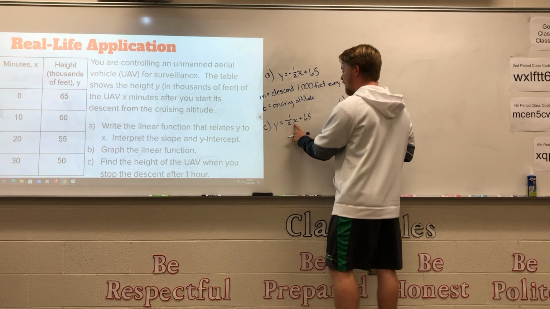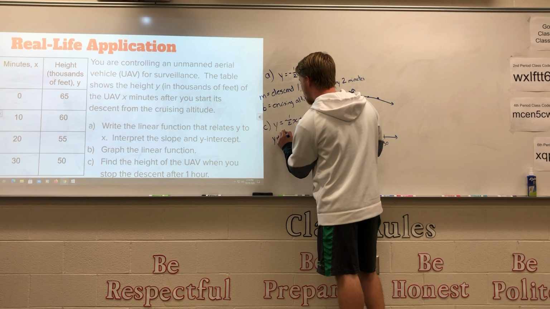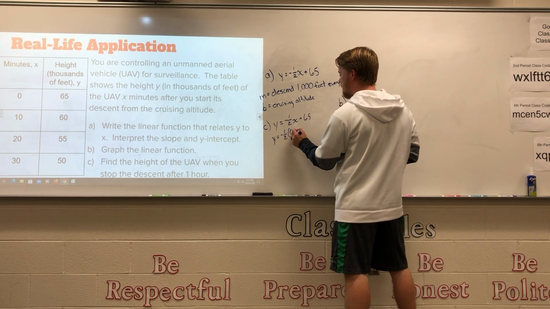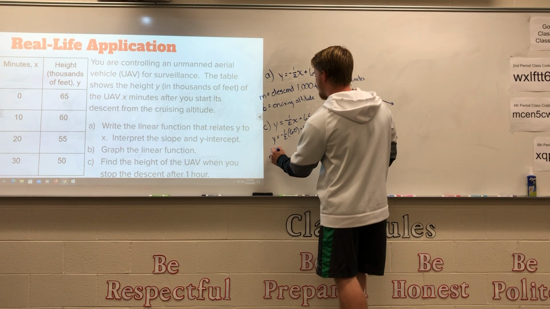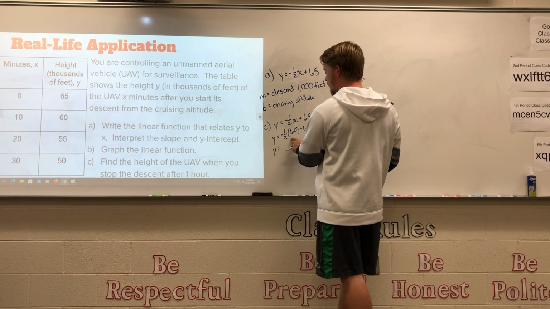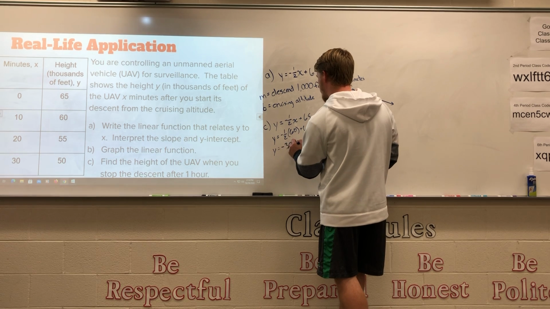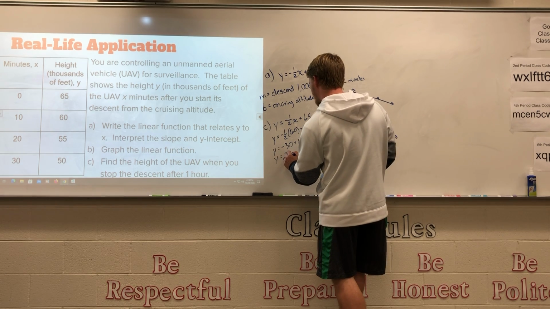So it'll be y equals negative 1/2, and then instead of x, we put 60, plus 65. And then we're going to start working this out. Y equals negative 1/2 times 60 is negative 30. Bring down my plus 65. And then when I work that out, y will equal 35.